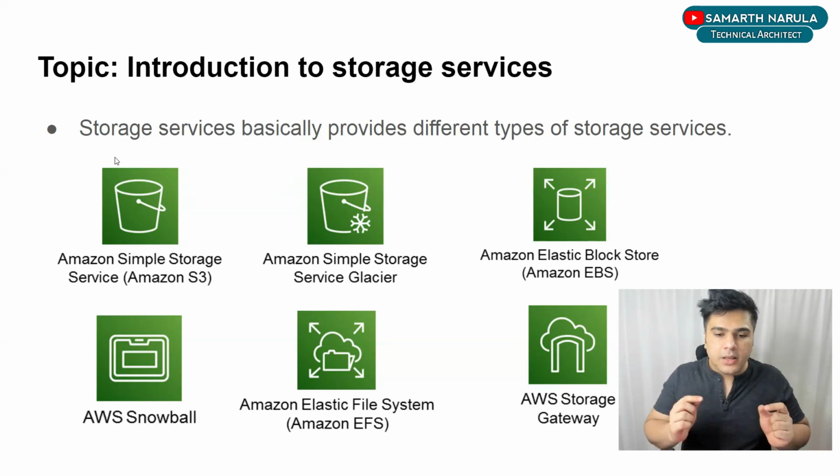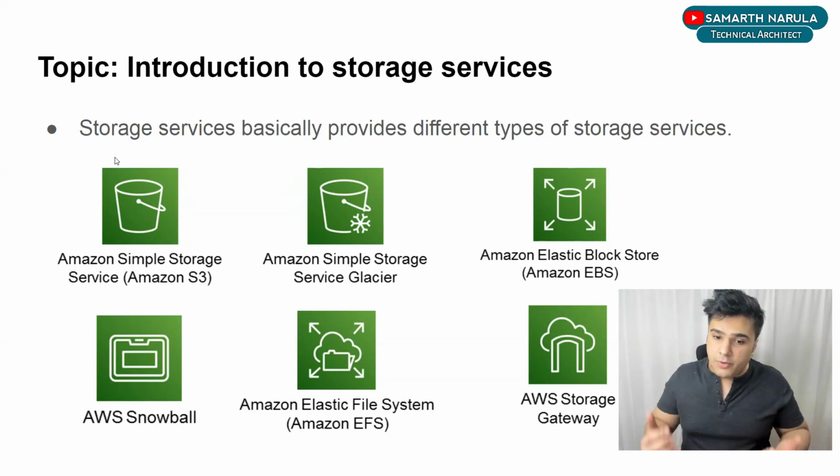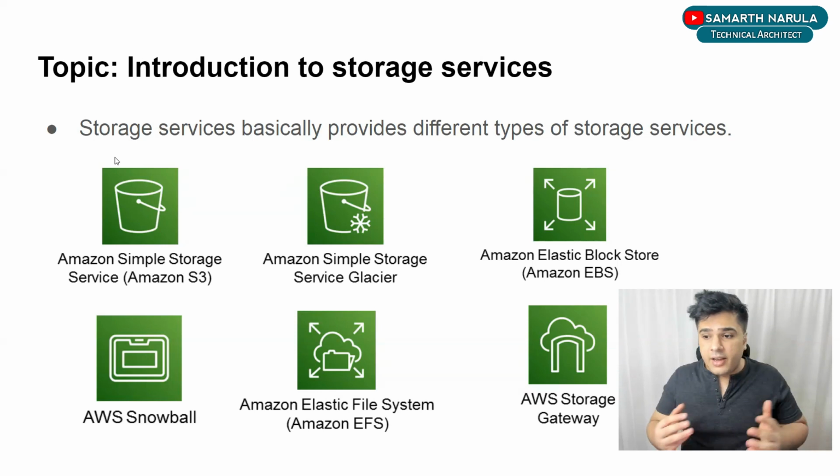You can spin up and create an Elastic File System, store the files there, and from all your servers you can access the files. It's like a network storage, at a network level. All the devices connected to the network can access this Elastic File System storage. Then there is AWS Storage Gateway, which is like a secure connection between your on-prem and your cloud.